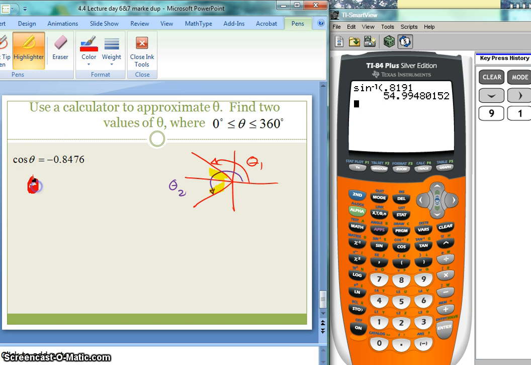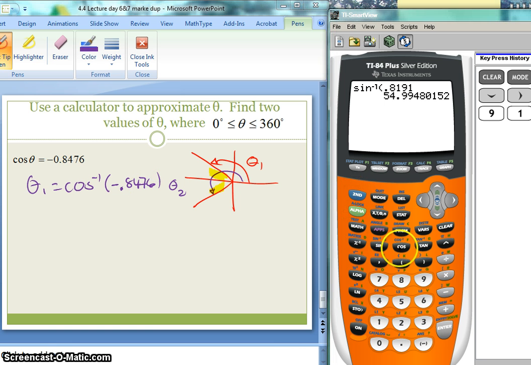So to find theta 1, theta 1 is cosine inverse of negative 0.8476. So let's type that into the calculator. So second cosine of negative 0.8476, and press enter.